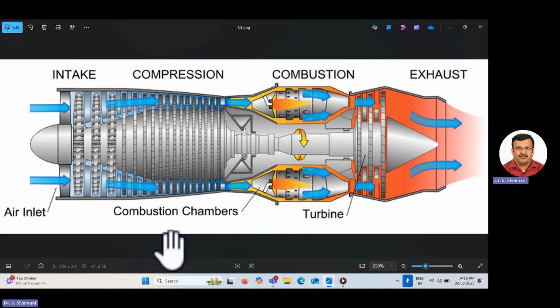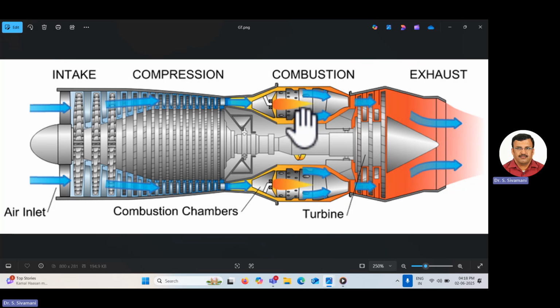So in this gas turbine, the air is taken through this inlet by the compressor, and here the air is compressed to a pressure ratio of 10 to 20 by the compressor, using an axial flow compressor, and this compressed air is passed to the combustion chamber.